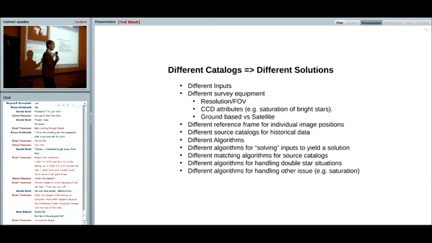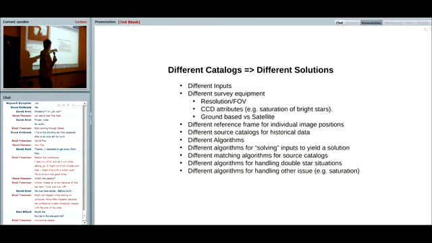The CCD attributes could be ground-based or satellite. There's a different reference frame for individual positions. With a lot of ground-based data, they take the image and then have to reference it to some other catalog. When FAST is doing astrometry of asteroids, they're always taking it back to the Tycho 2 catalog as their reference frame for measuring the positions of each asteroid.